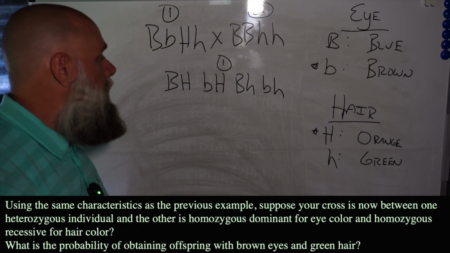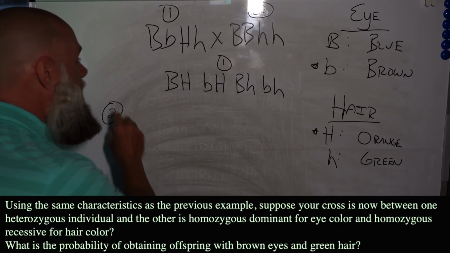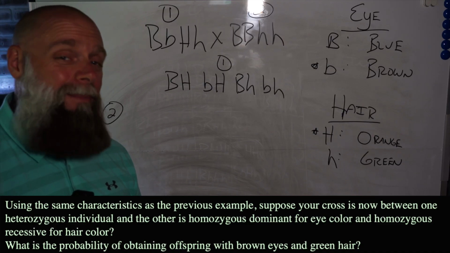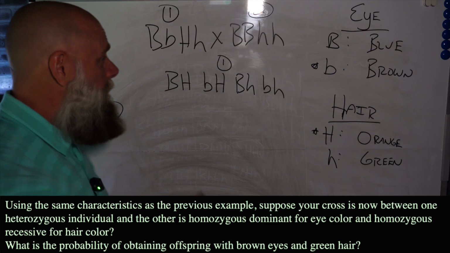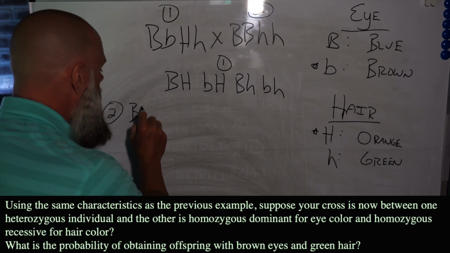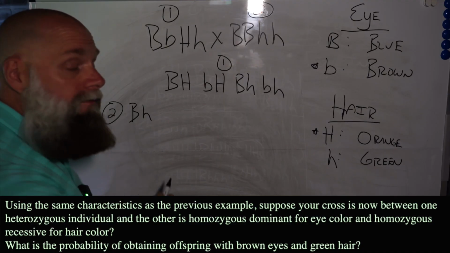And so those are the 4 potential combinations that we have here. But for this guy, how many potential combinations do we have? Just one. Capital B, lowercase h. That's it. There is no other combination, so we don't need 4 things down here.